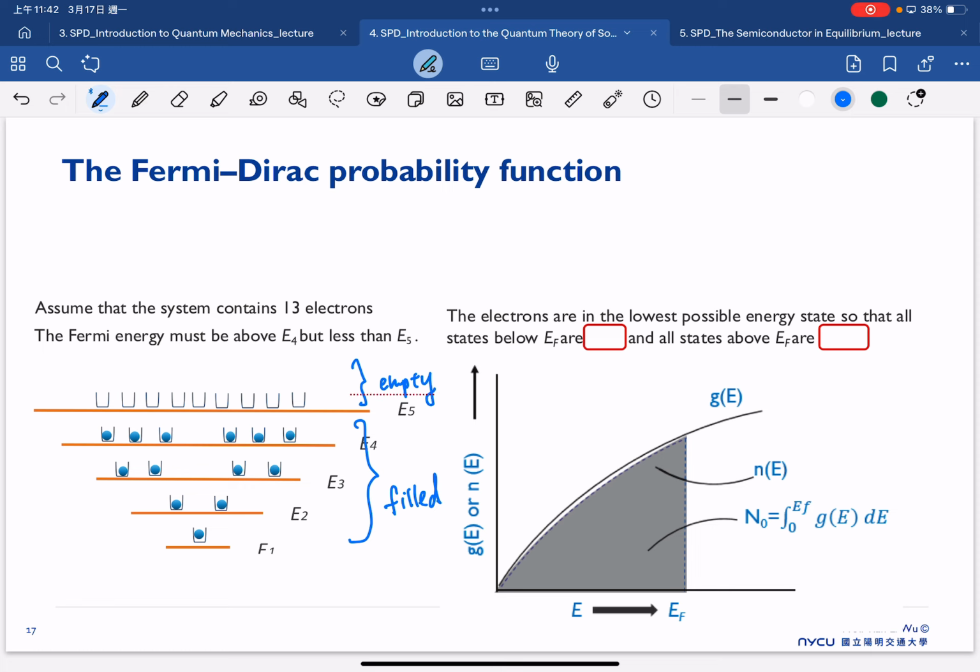So the Fermi energy is likely here. The electrons are in the lowest possible energy states, so all states below E_F are filled, and all states above E_F are empty.